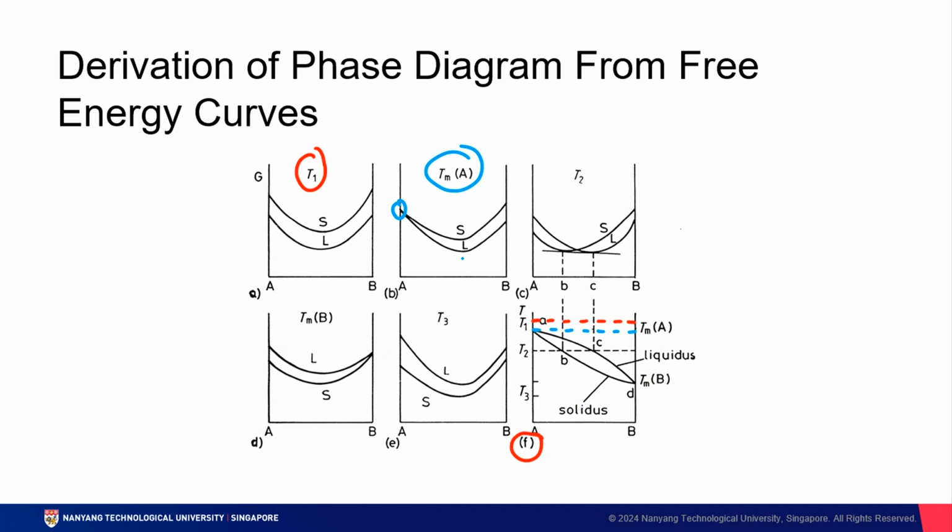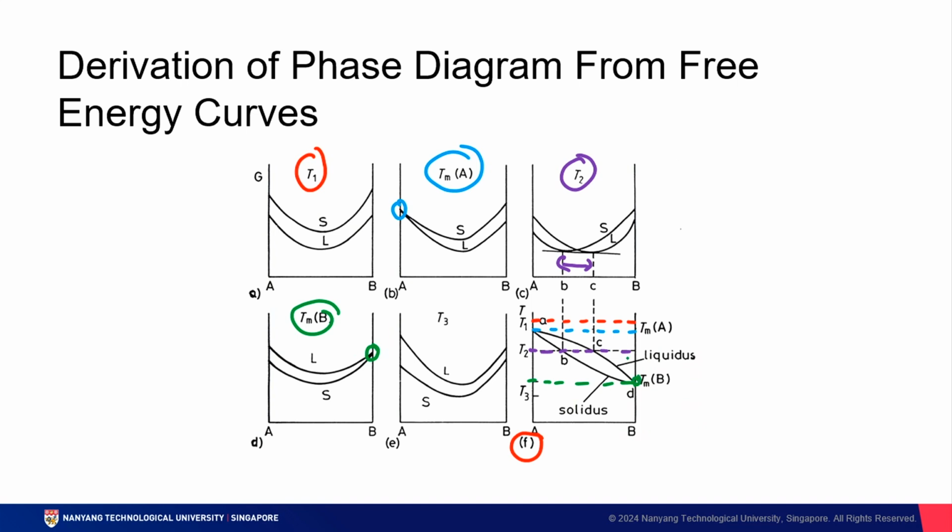At T2, however, things start to get a little bit more interesting. Here at T2, the solid and liquid phase can coexist in a certain range between B and C. And here, at the melting point of B, right here, the Gibbs free energy of the solid phase starts out lower than the liquid phase before it starts to melt over here.